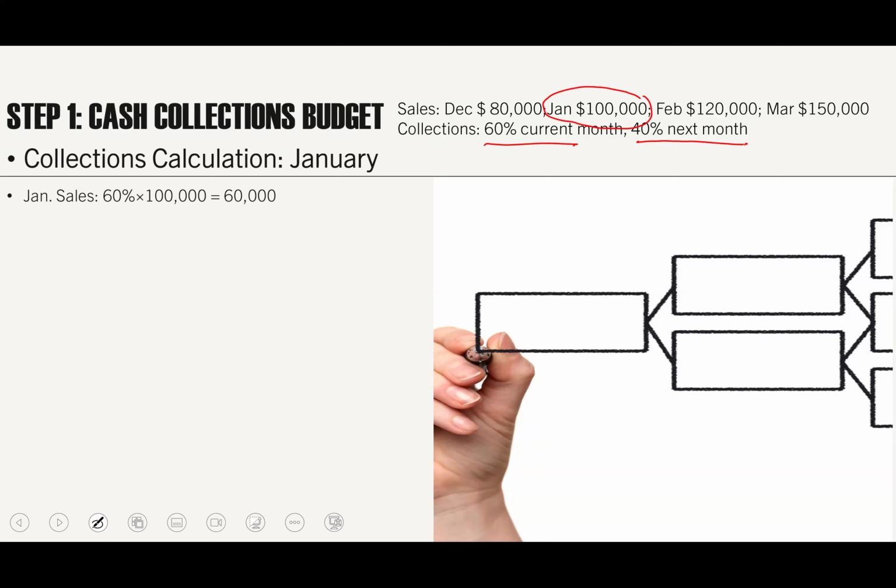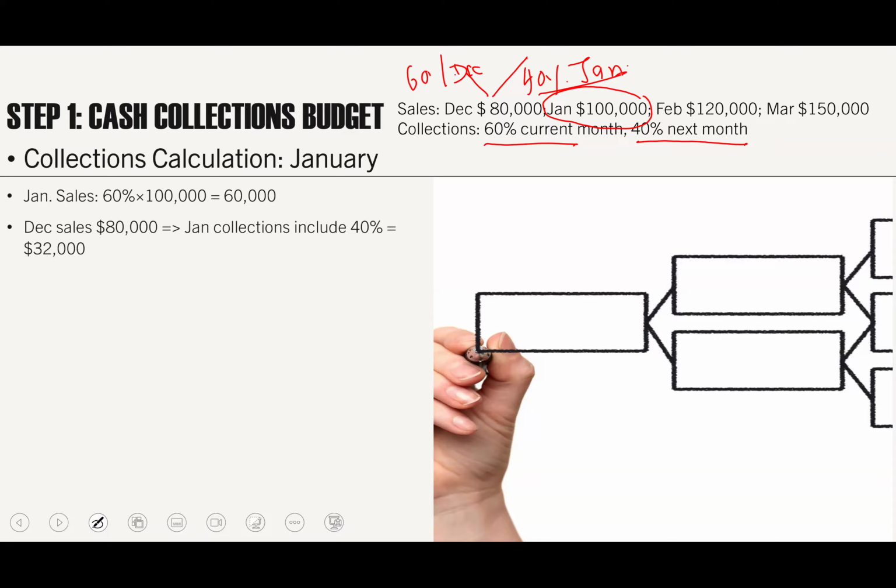Concentrate on this one. 40% next month, which means December number. 60% must have been collected in December, but at the end of December, 40% of December sales were accounts receivable, which will be received in January, right?